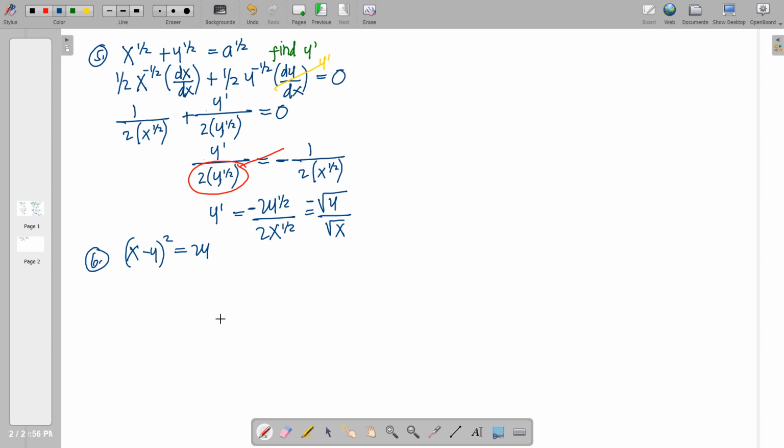So let us have number 6. So again, we will find y prime. So the left portion is obviously in the form of the power formula, wherein we'll just execute n u to the n minus 1 times du.